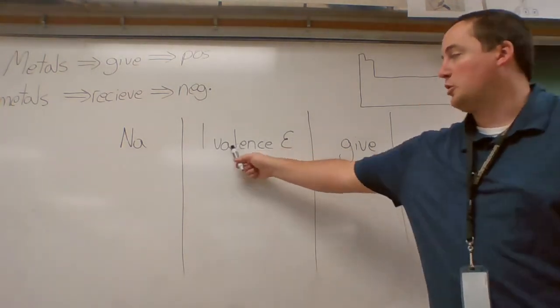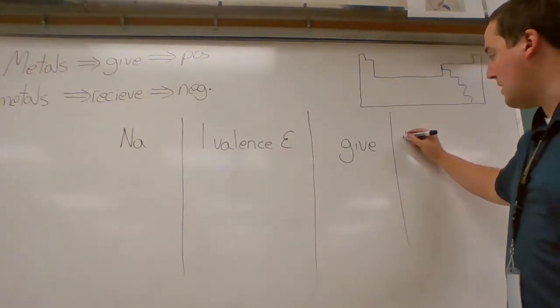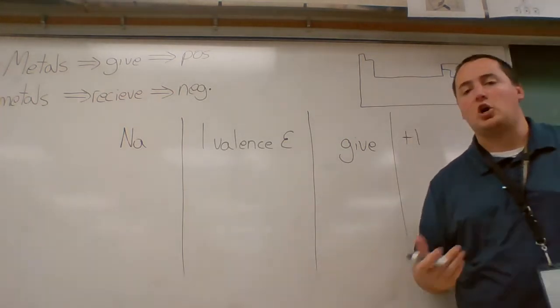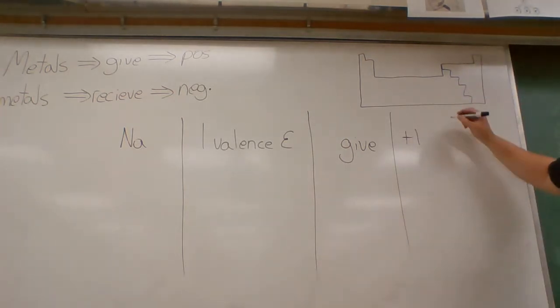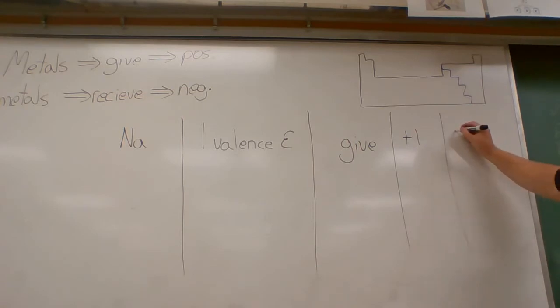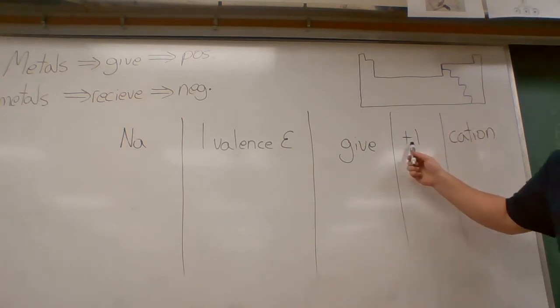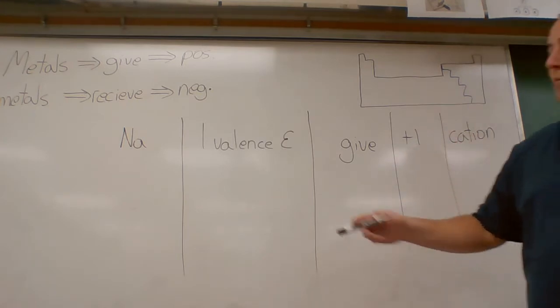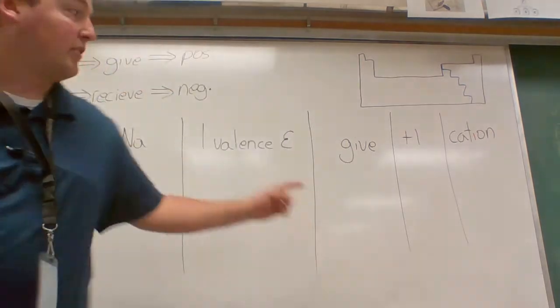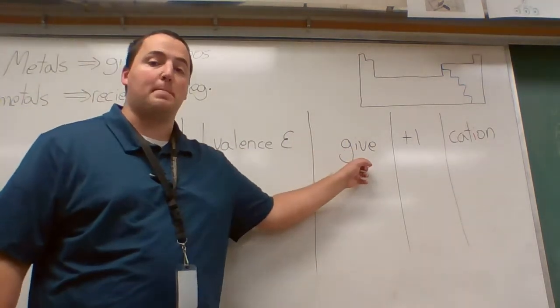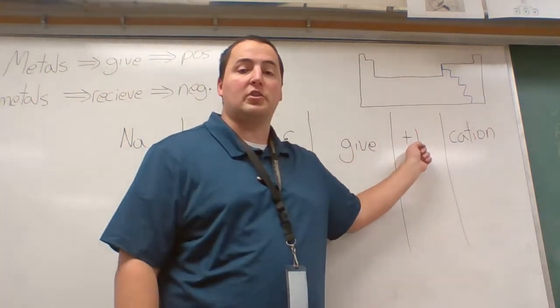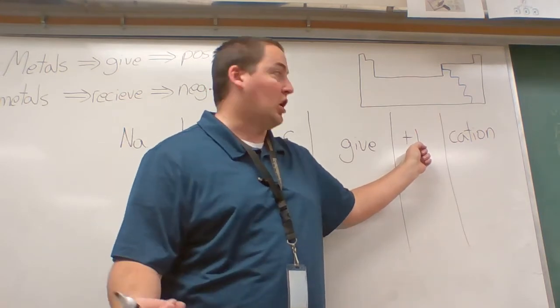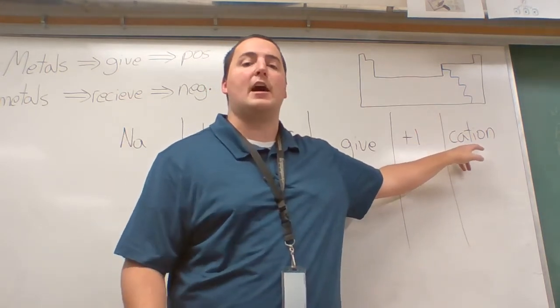Since it has only one to give away, it's going to form a +1 charge. Because it's positive, that means it's going to be known as a cation, because remember, positively charged means cation. So sodium, one valence electron, gives away because it's a metal, and so it forms a +1 charge and is therefore known as a cation.